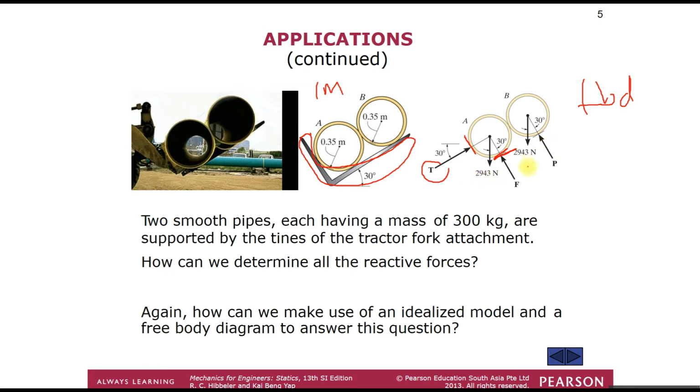So this we call the idealized model, and the second one we call the FBD, or free body diagram.